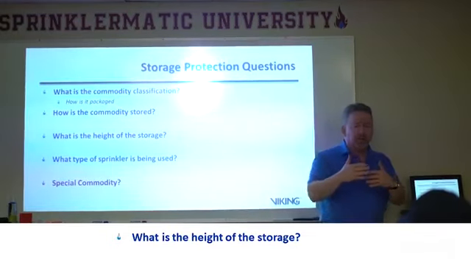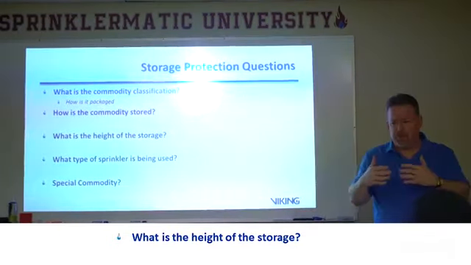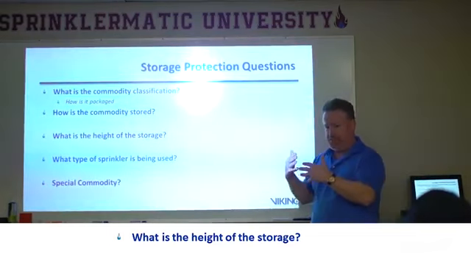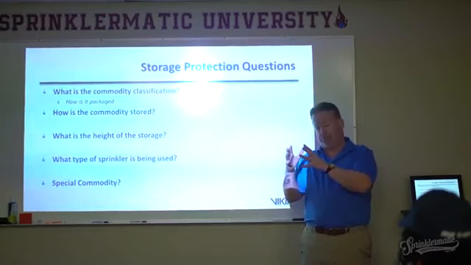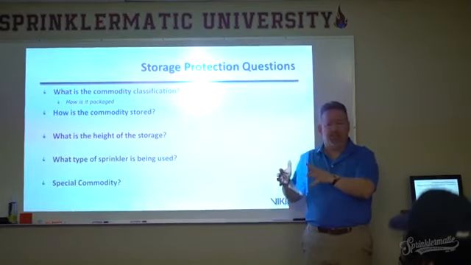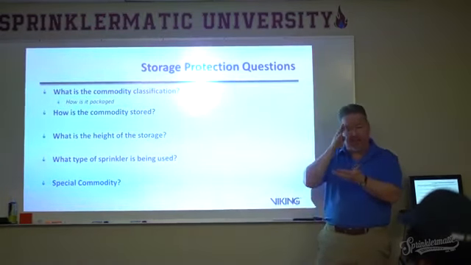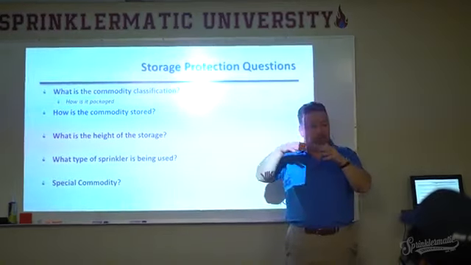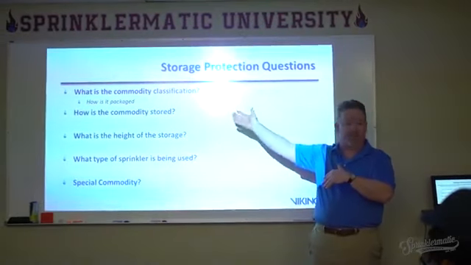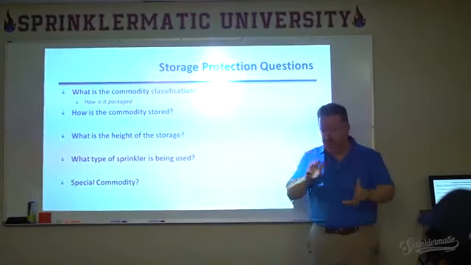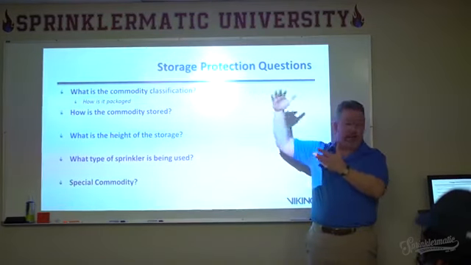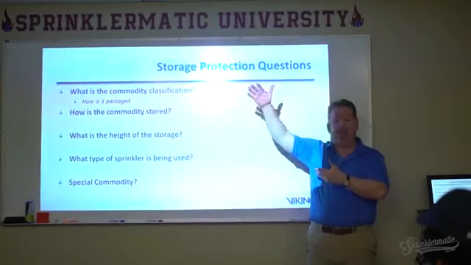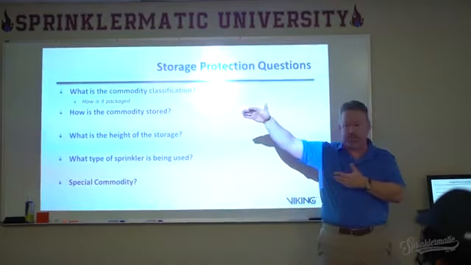When we start to look at the specific chapters that deal with storage protection, we're going to see that we divide this off into, is it more than 12 feet? Well, that's this type of storage. Is it less than 12 feet? Well, then that's this type of storage. Is it on racks, and how high are those racks? That's going to have an impact on your overall sprinkler system design.